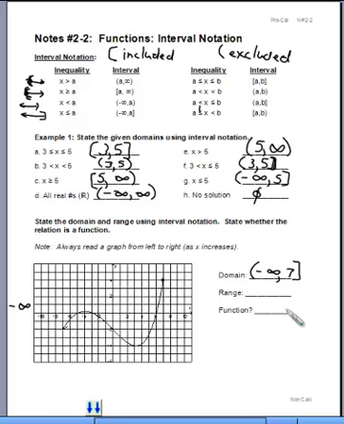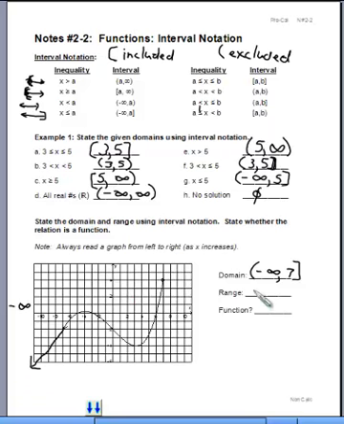Now we're looking at the range. Our lowest point appears to be right here, but it's not, because this arrow, remember, goes down, down, down, and keeps going down in that trend. So again, our range is going to negative infinity, and it's going up to, read over here, 4.